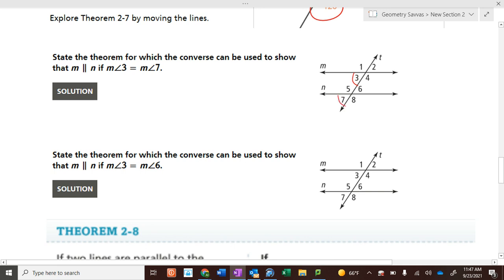What types of angles are 3 and 7? Corresponding, so you'd use the converse of corresponding angles. What types of angles are 3 and 6? Alternate interior. So we use the converse of alternate interior angles.